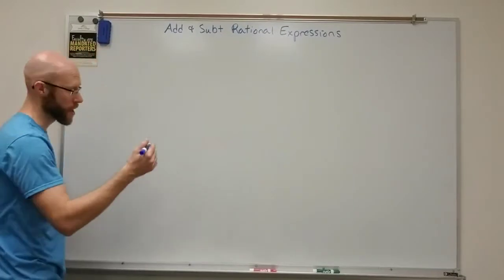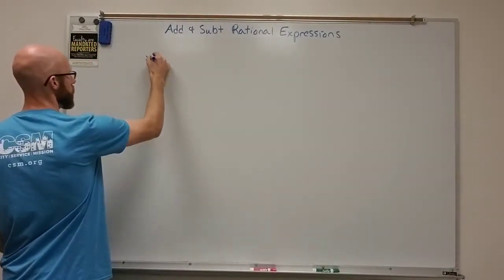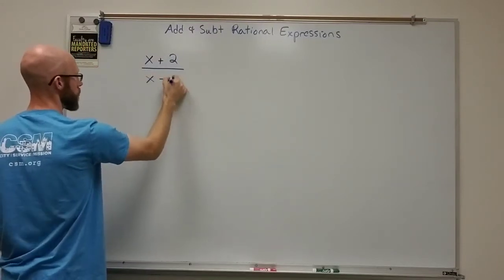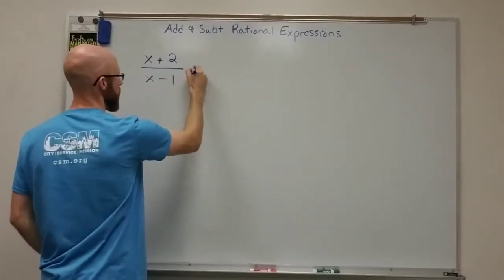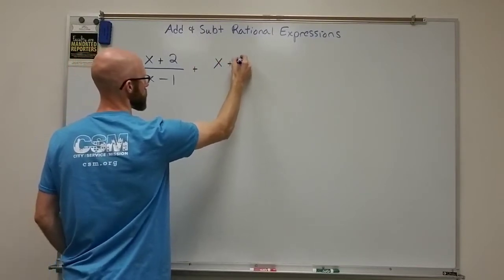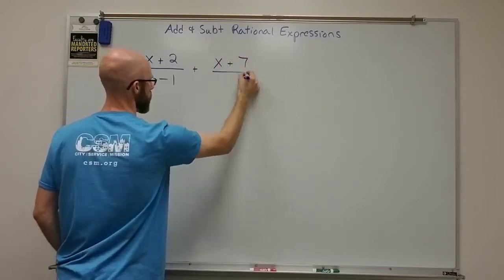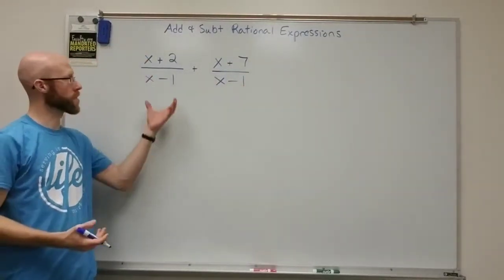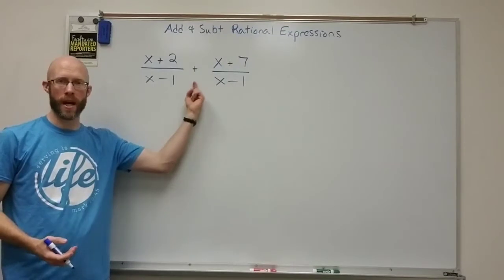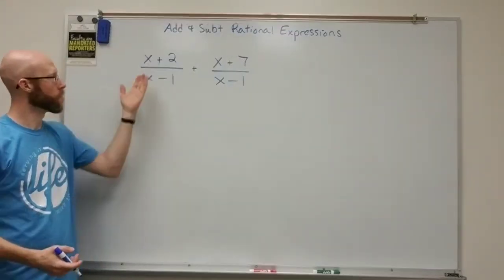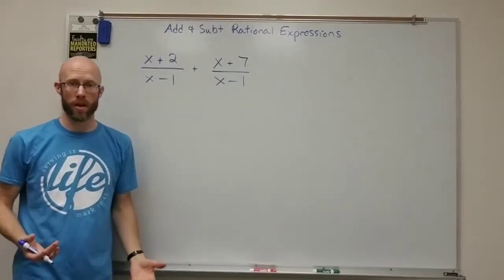Okay, so I'll give you an example. Something like x plus 2 over x minus 1, add x plus 7 over x minus 1. Okay, and so here we have two rational expressions. They're being added together, and they have the same denominator of x minus 1. Well, I can simply add the numerators then.